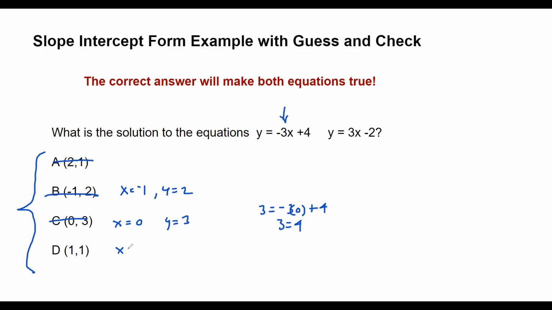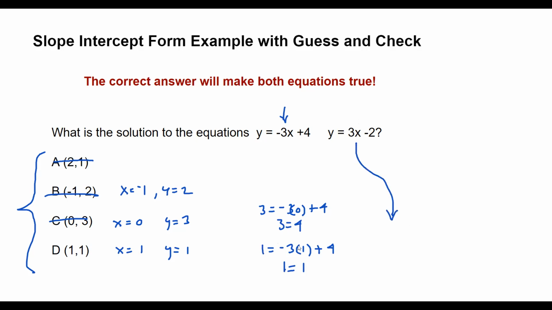We should check D just to make sure we didn't make a mistake up above, but we are checking x equals 1, y equals 1. 1 is equal to -3 times 1 plus 4. Sure enough, that gives us 1 equals 1. But keep in mind, we need to check that on the other equation.